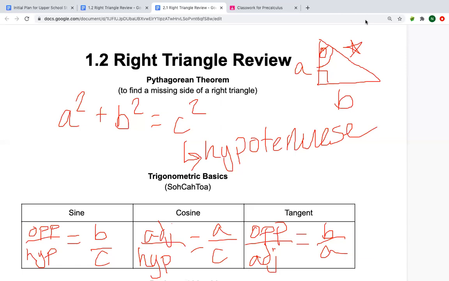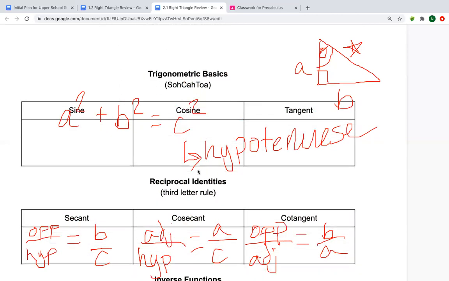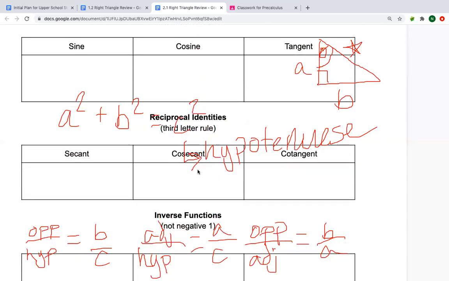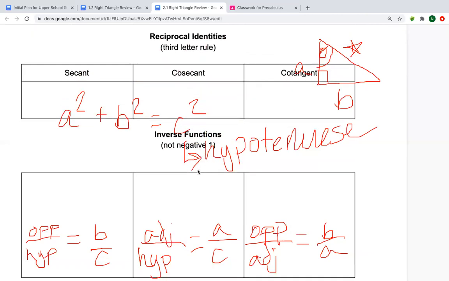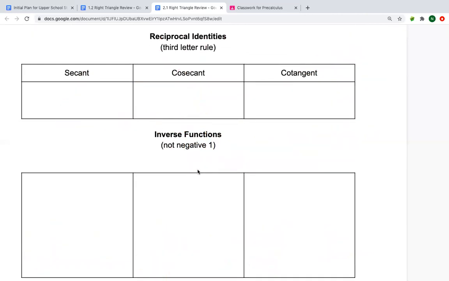Cool. Okay, so from there, this is the only part that I don't know if y'all have seen. Have you guys seen secant, cosecant, and cotangent yet? I don't think so. Okay, so it's pretty simple to pick up. So these are called reciprocal identities.